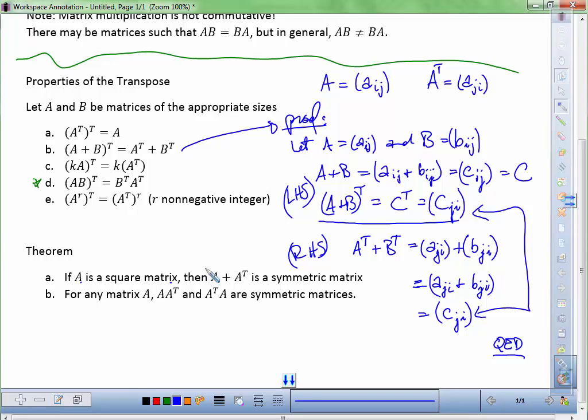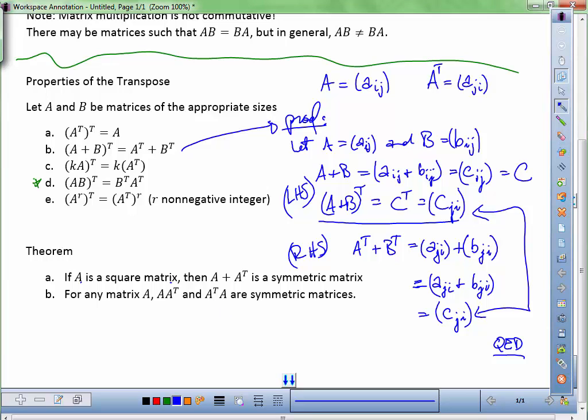And then for any matrix, if you have A times A transpose and A transpose times A, those should be symmetric matrices as well. They're not necessarily equal.